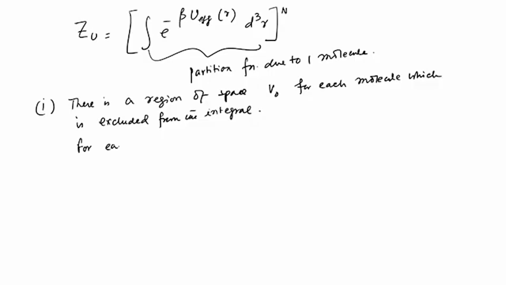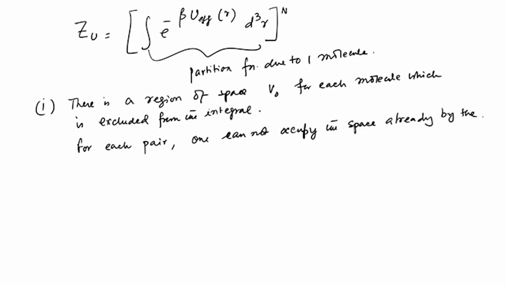So, for each pair that we are considering, one cannot occupy the space already occupied by the other, let us write it this way.